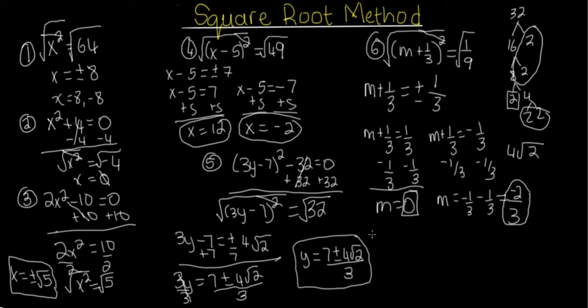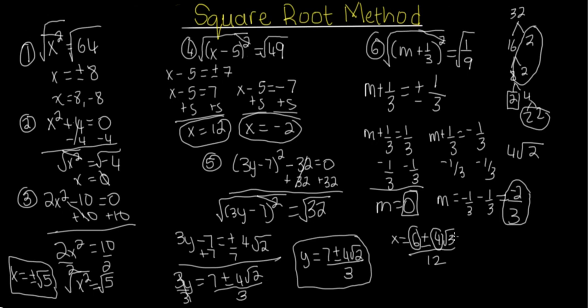I want to do an example of, say we've simplified an equation and then we get something like x equals 6 plus or minus 4 square root of 3 over 12. You can only simplify this if you have a common factor between the 6, the outside number, never the inside of the square root.